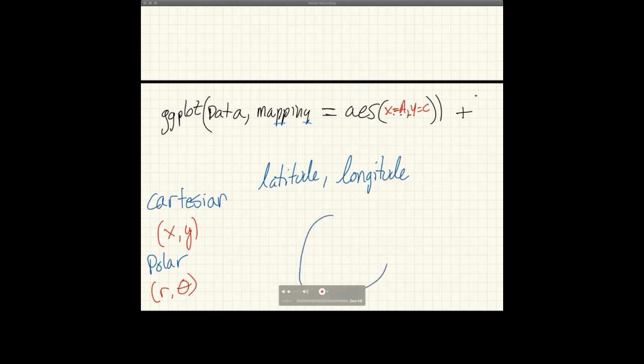So in the Earth, if we think of the Earth as a sphere, your position in latitude and longitude is a measure of two angles.